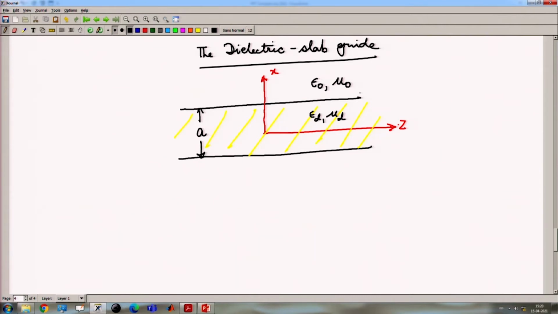Dielectric slabs also perform the function of guidance of electromagnetic waves, but with a difference, because in addition to the waves being guided in this region, the waves will also exist in the region outside, because these two surfaces are dielectric to air interfaces. So, the fields will be continuous between this region and that region. There will be fields existing here and fields existing there.